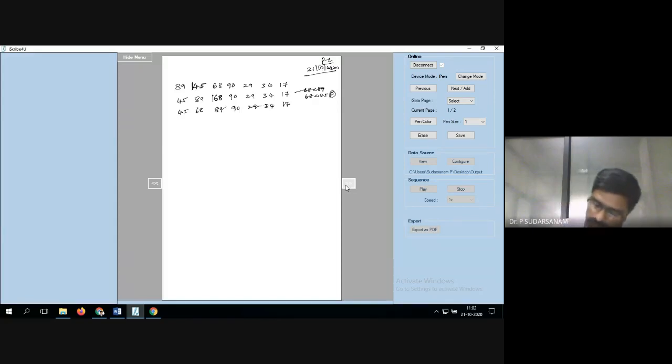Now you have to take the next element, that is 90. Even if you want, you can write the array indices: A of 0, 1, 2, 3, 4, 5, 6.